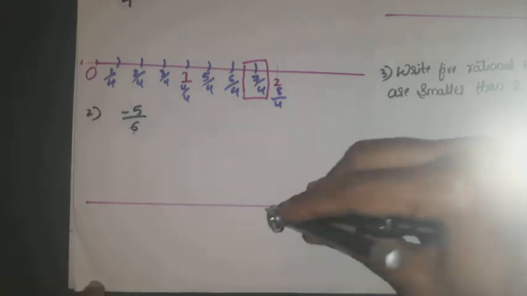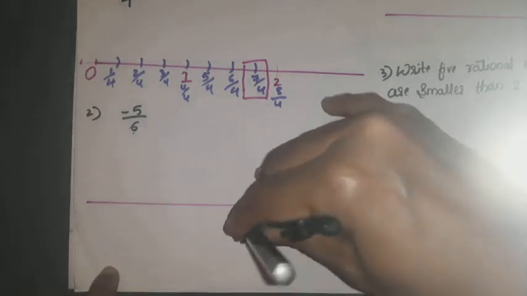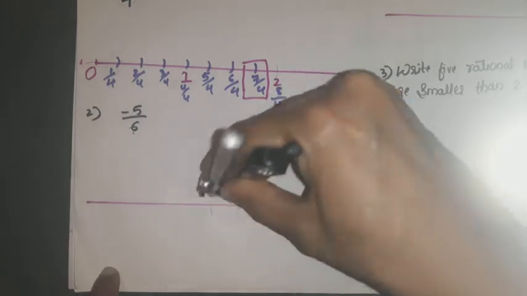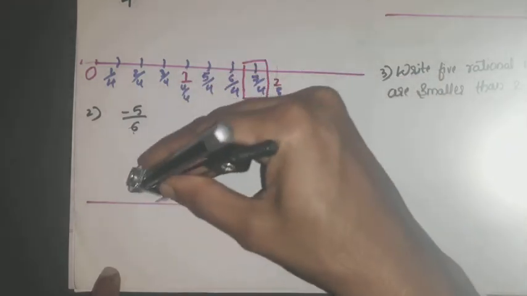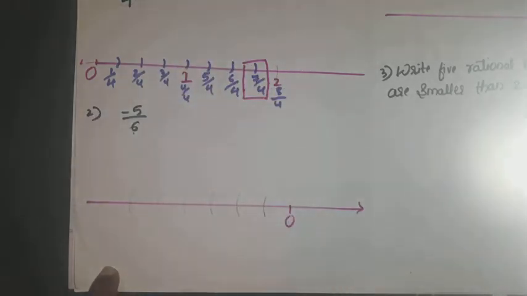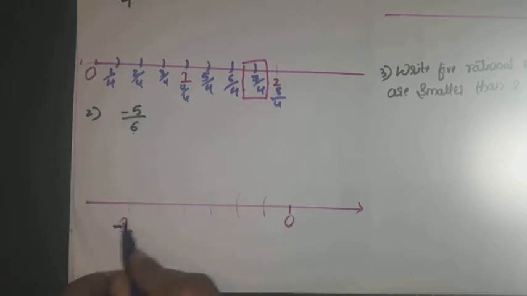So 6 parts: 1, 2, 3, 4, 5 and 6. It's very simple. So this is 1. I divided only 6 parts because we want only the fifth part. This is minus 1. From 0 to minus 1, negative numbers.